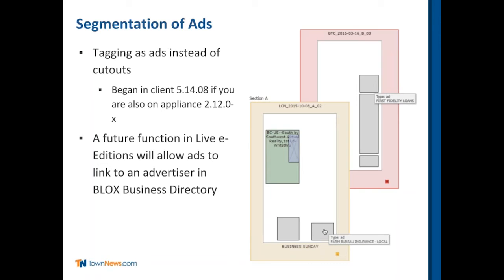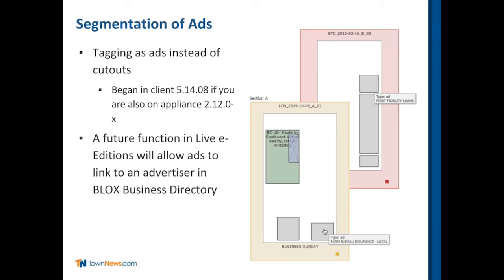So starting with an earlier version of the client, 5.14.08, those ads, if they're being fed from BLOX Total CMS, not something that's being handled outside of us, should get sent across as an ad.